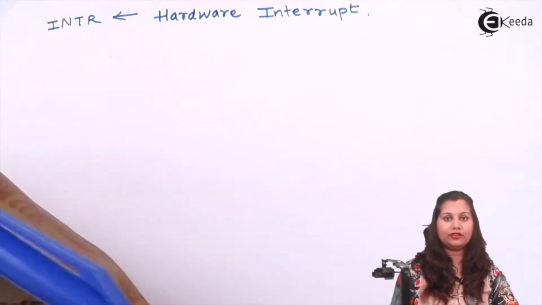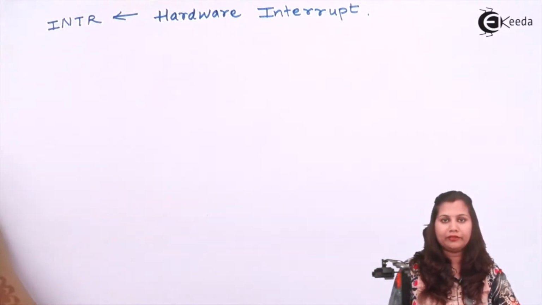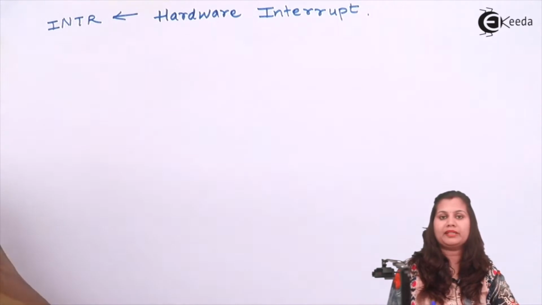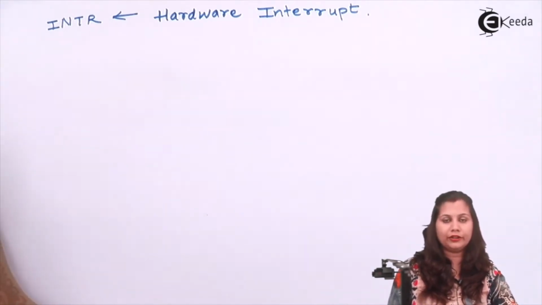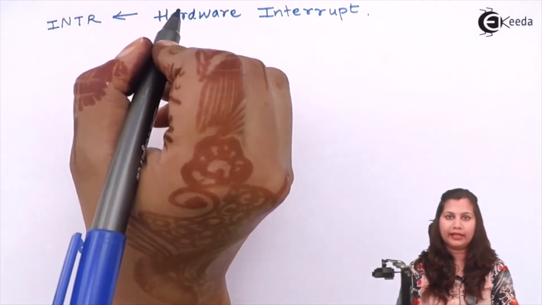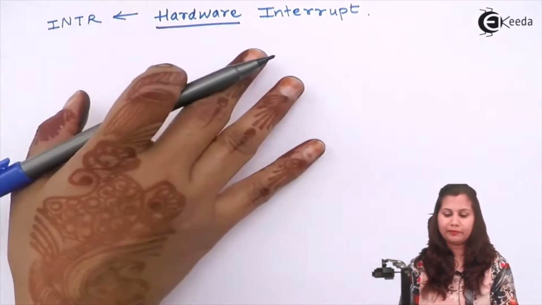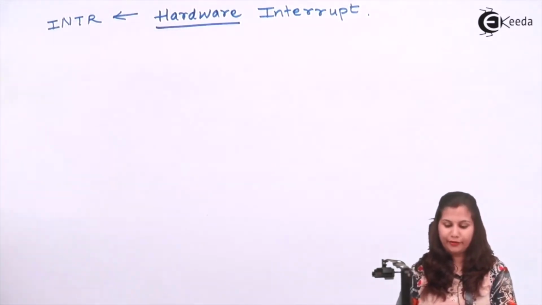There may be a switch which is pressed and then this interrupt will be given to 8085, or there may be some circuit connected to it, or a pin giving this signal to 8085. So there is hardware related to this interrupt. That is why it is a hardware interrupt.